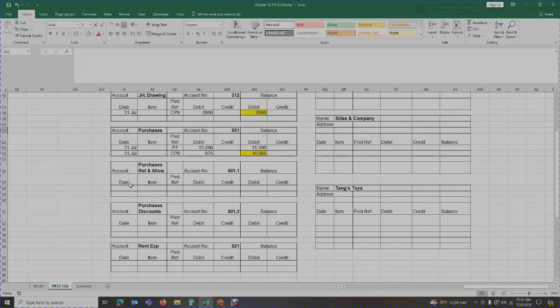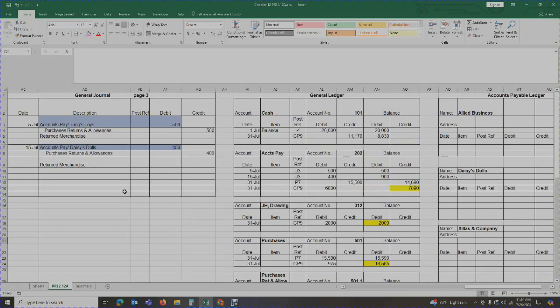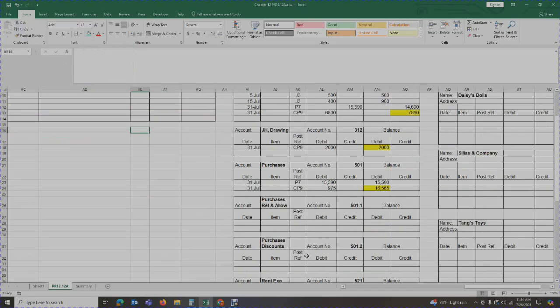Now we're going to go on to purchases, returns, and allowances. Okay. So for those purchases, returns, and allowances, we have them under the general journal. We have 2 on your general journal. Okay, so we're going to transfer those 2 entries over to my purchases, returns, and allowances. The first one happened on July the 5th.